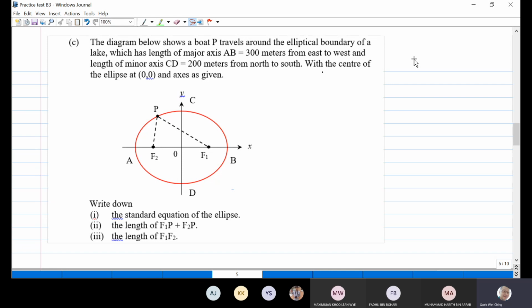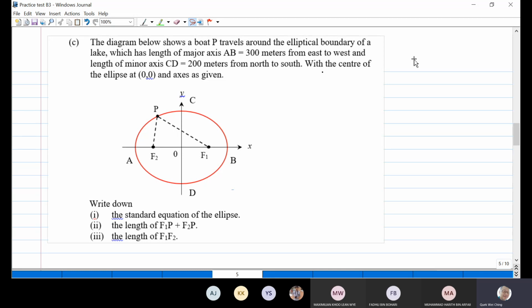Okay, let's see what the question is about, right? It will help you recall the ellipse question here. The diagram below shows a boat P. P is a boat now. Travel around the ellipse boundary of a lake, which has a length major axis AB 300 meter.